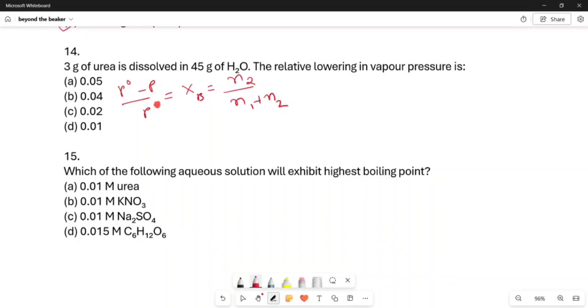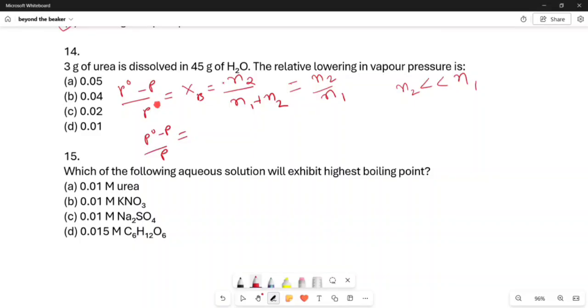Here, for a dilute solution, this N2 is very low compared to N1. So, I can neglect N2. Therefore, N2 divided by N1. So, relative lowering of vapor pressure P0 minus P divided by P0 is equal to N2 divided by N1.